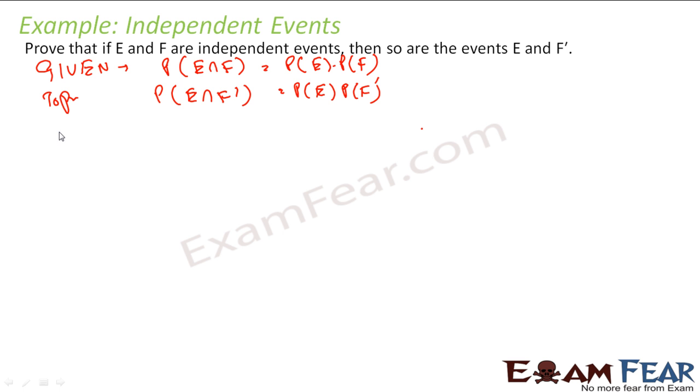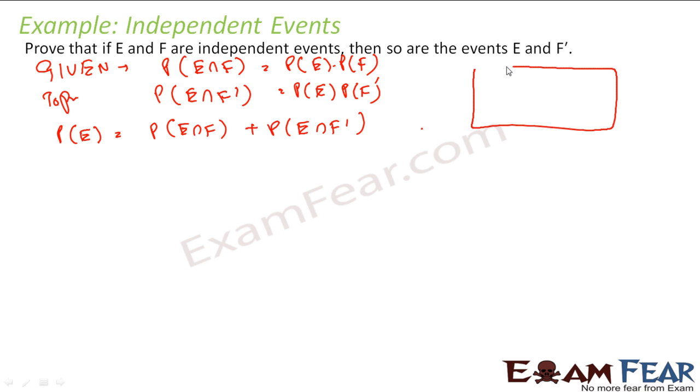To prove this, we know the formula that probability of E is nothing but probability of E and F plus probability of E and F dash. So with these two, if you add, you get probability of E. Or if you have this Venn diagram, and let's suppose this guy is E and this guy is F, this guy will be E and F, right?